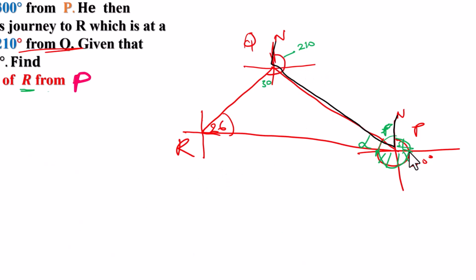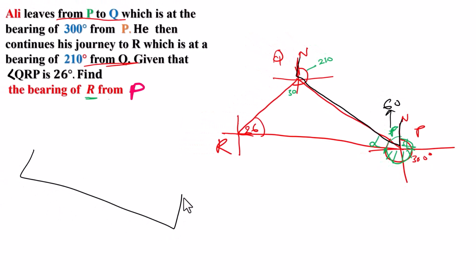From here to this side is 300. Remember, this one is angle at a point, so it's literally 60. We have north, and we have 60 here.